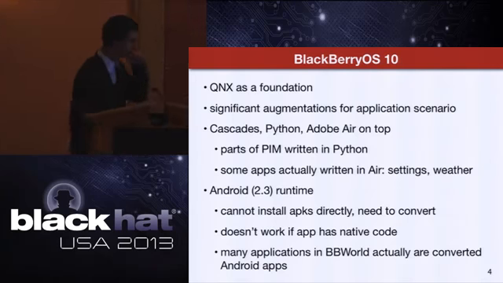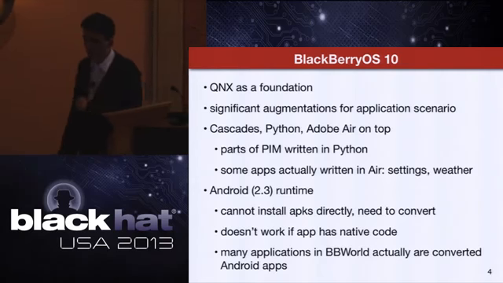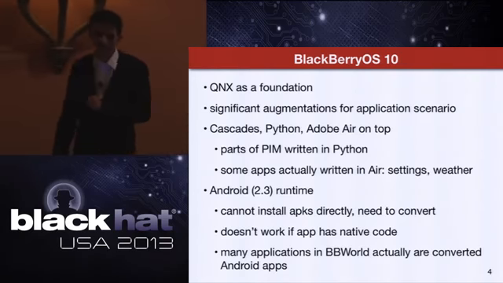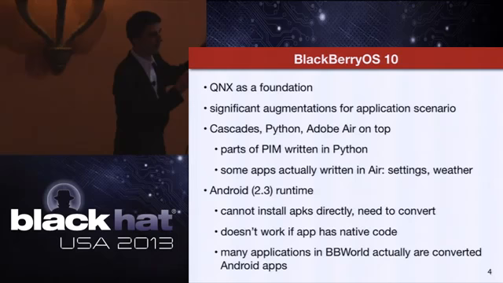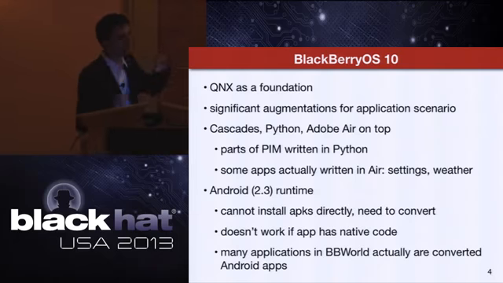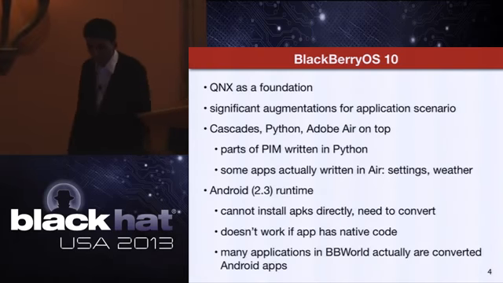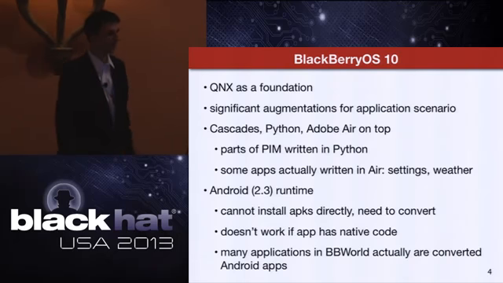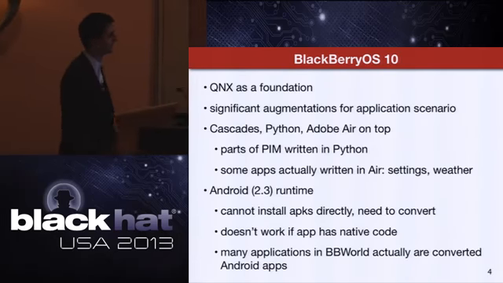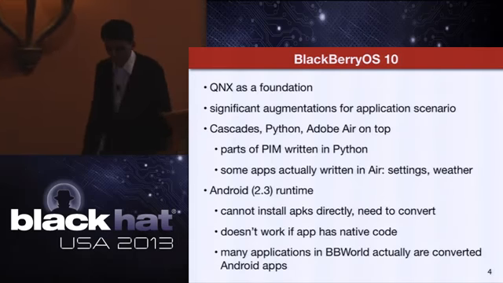And on top of the kernel and the user land, you have a very weird mix of things running. So there are parts of the personal information manager that are written in Python. So you have like a mix of Python, Qt stuff, and Adobe Air applications running on the operating system. For instance, the settings application and the weather application are written in Air, as I think is the engineering screen, which we'll go into later.